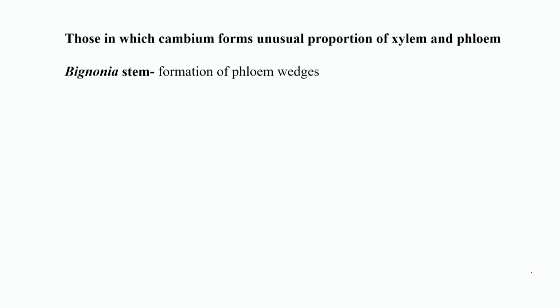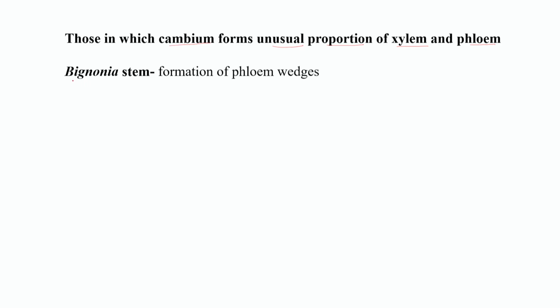Okay. Now coming to the next unusual behavior of cambium during secondary growth, which is the formation of unusual proportions of xylem and phloem, in which a continuous cambium ring is formed. It continuously gives rise to xylem and phloem, but in different proportions. So the first important example is Bignonia.